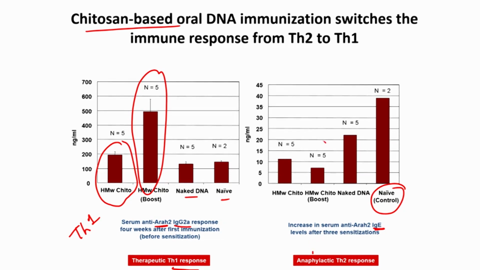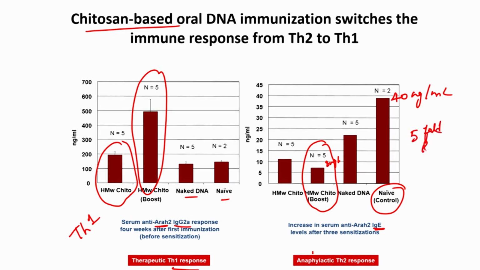But in the cases where you have given a booster dose, you see quite a bit reduced amount of that, almost, I mean if this is let us say close to 40 nanogram per ml, here you are talking about let us say 8, so you are talking about a 5-fold reduction.